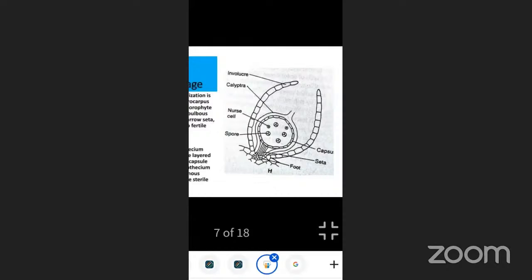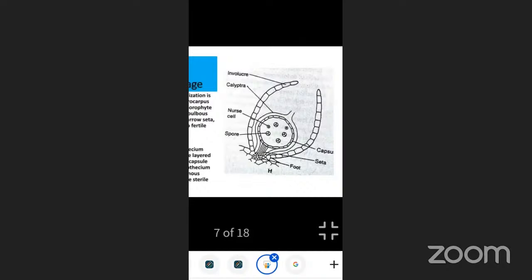So that is it, and we know that elaters have a hygroscopic nature. They are long, spindle-like structures, with spiral thickenings on the surface of the elater.